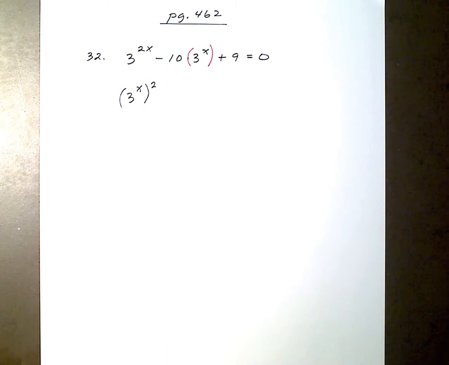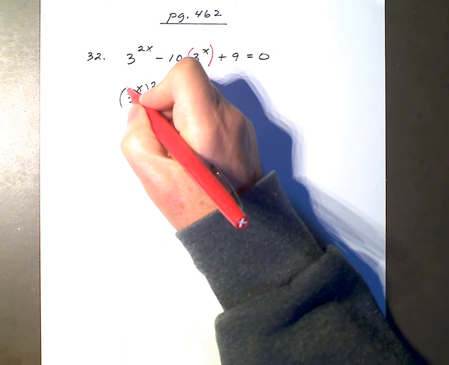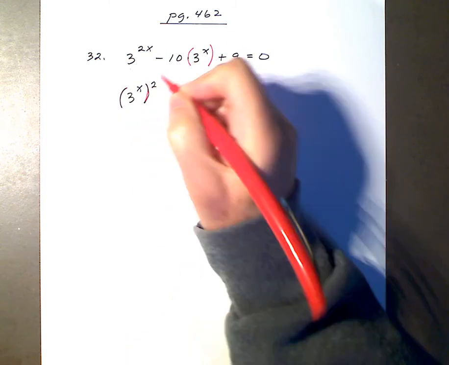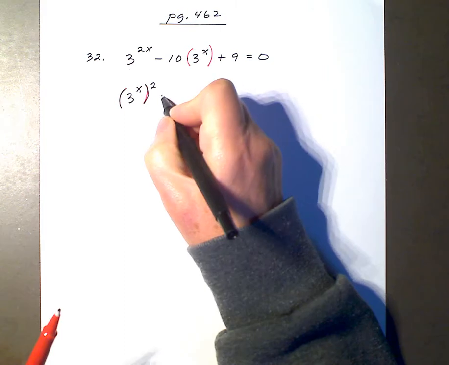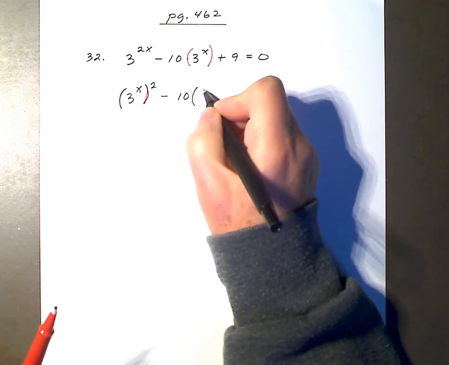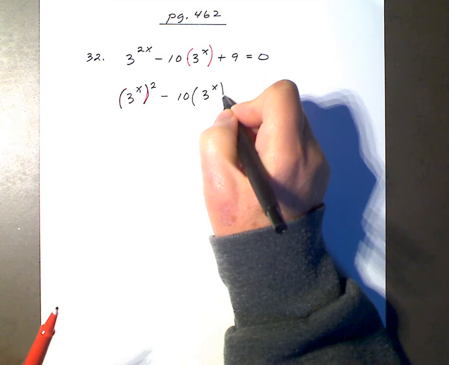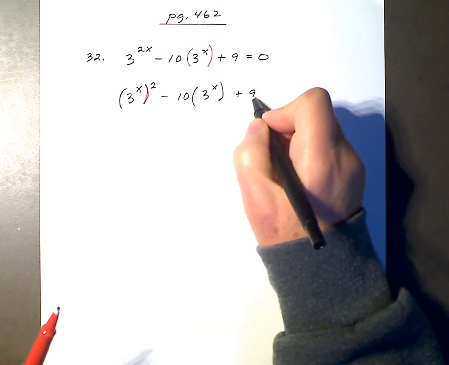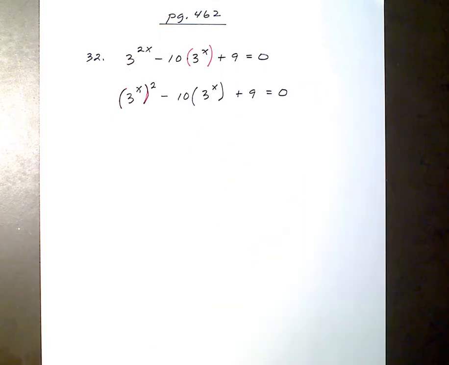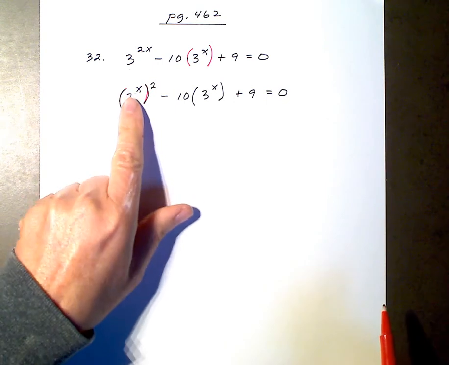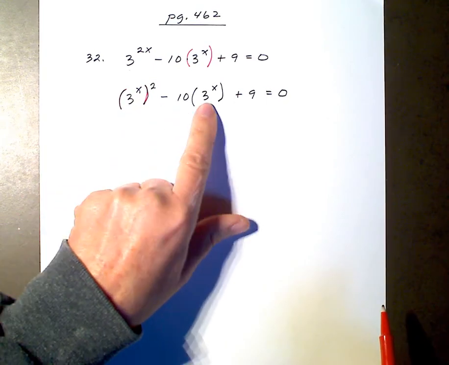And then I'm looking at that same 3 to the x, but I'm just looking at a square of that. So minus 10 times 3 to the x plus 9 is 0. When I look at it like this, it sort of looks like a quadratic equation. It's something squared minus 10 times that something plus 9 is 0.